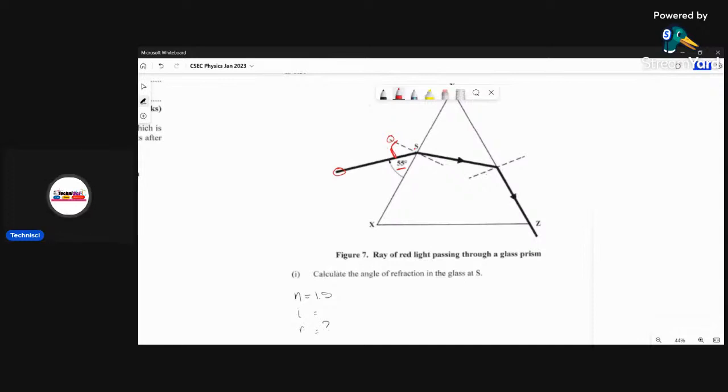So now that we've clarified that, what then is the true angle of incidence?